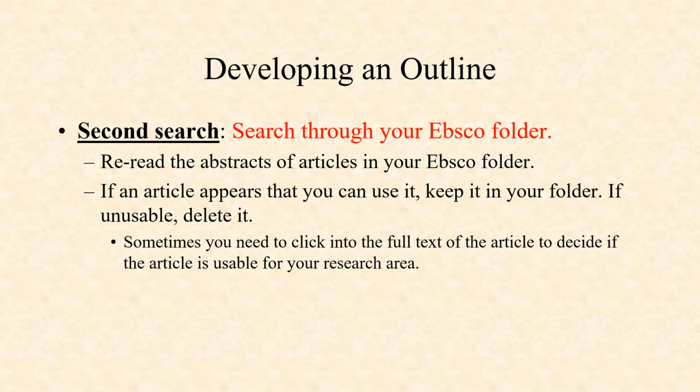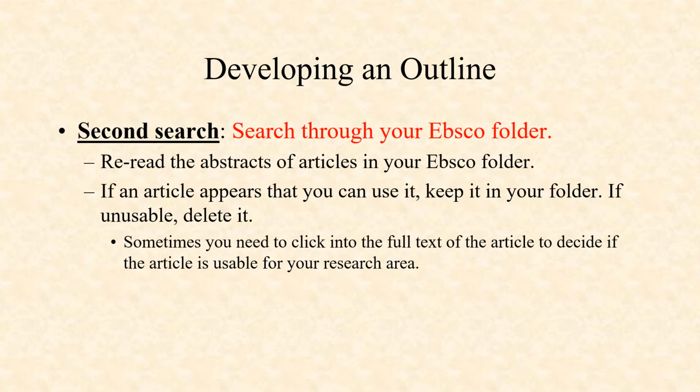At this point, take another look at the names of the articles, and right there you'll be able to identify a lot of articles that could be usable and those that cannot be, and simply delete those that cannot be. But in some cases now, you may have to click into the abstracts and read that paragraph or so, that short description. And again, see if you can use it, and if you can't, then delete it.